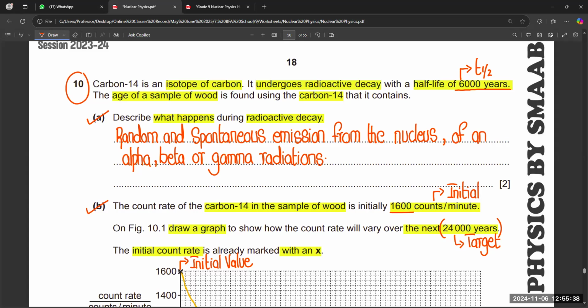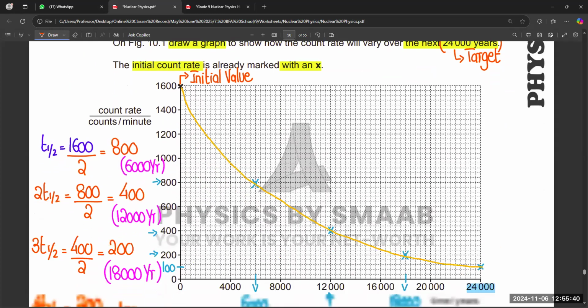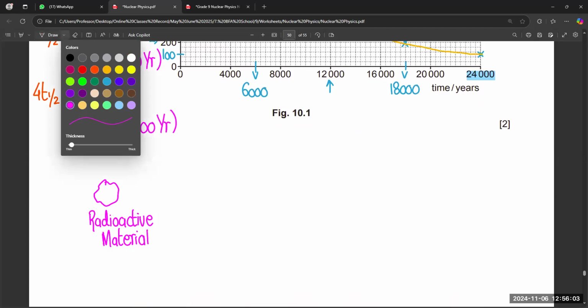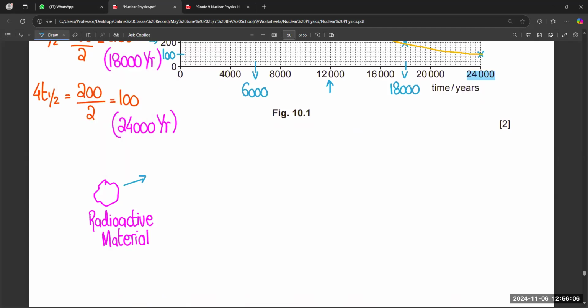Okay, so the first process is that we place any radioactive material, and radiations are coming out from this radioactive material.